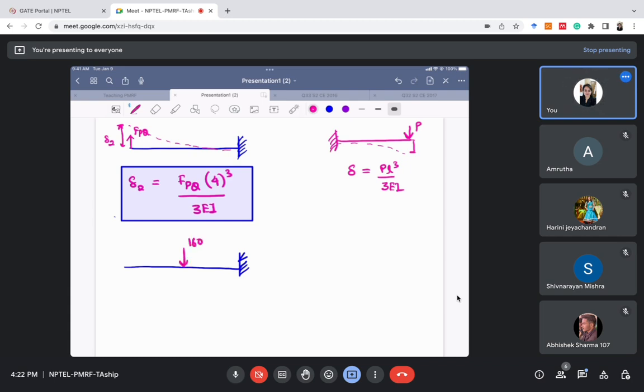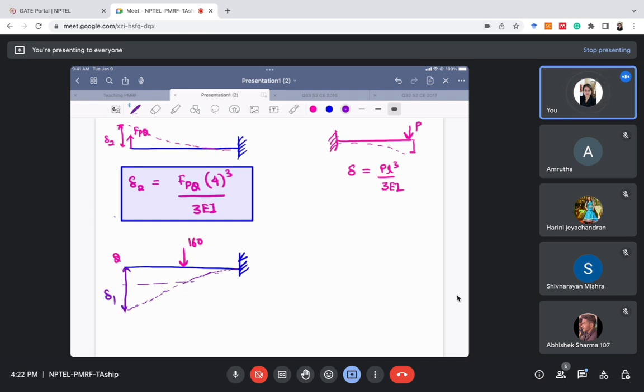Now I need to find delta 1, that is the deformation of this point Q for this loading. So how will this beam deflect under this loading? It will be curved till this loading and straight line after that. I have discussed this problem a lot of times, right? Curved till the loading and straight line after that. So I need to find this value of delta 1.